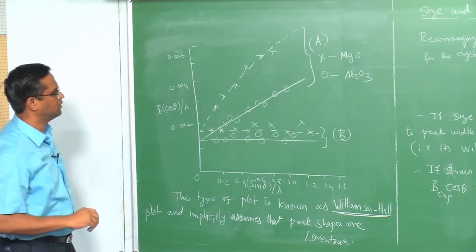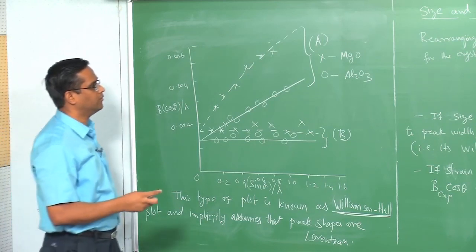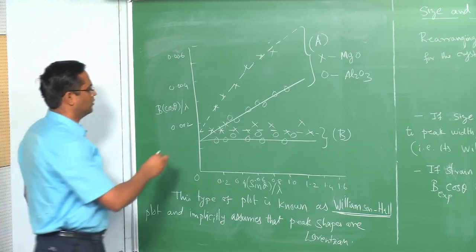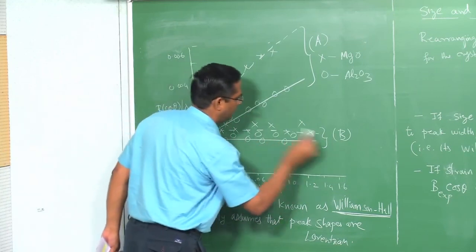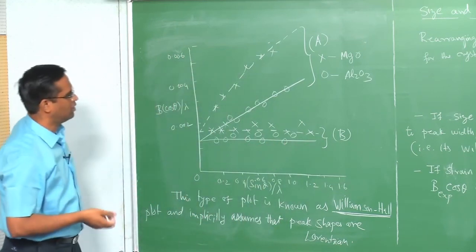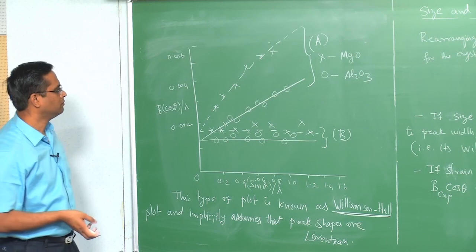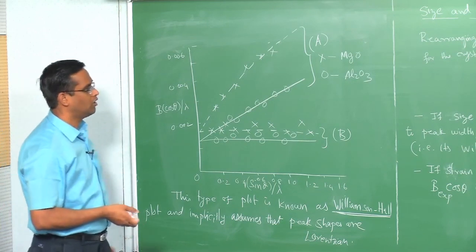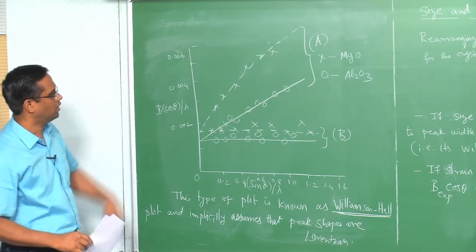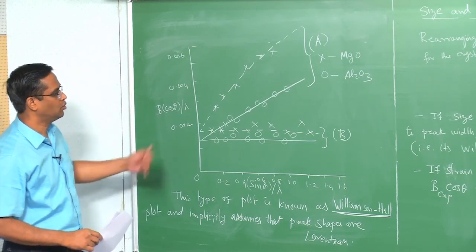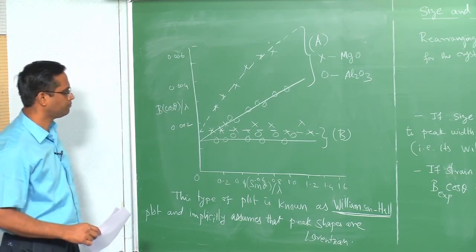Then after this annealing, the complete strain is relieved. So, you will have only the size contribution, not the strain contribution, and that is how these two effects are separated in these two examples.